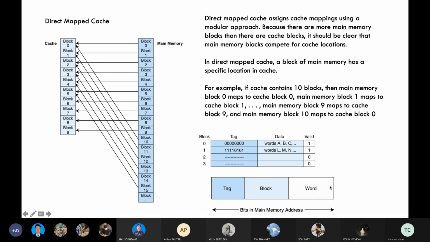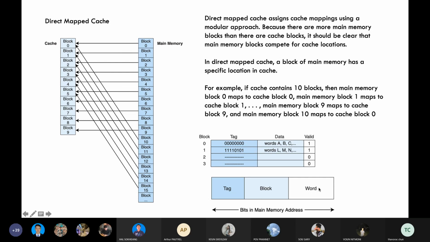Word here means the offset, or you could say the index of the word inside each block. Because you see inside one block there are many data. So when the CPU wants to request one data, it is not requesting the whole block, but only one particular data inside that block. That's why we need to know which one of those data the CPU wants.